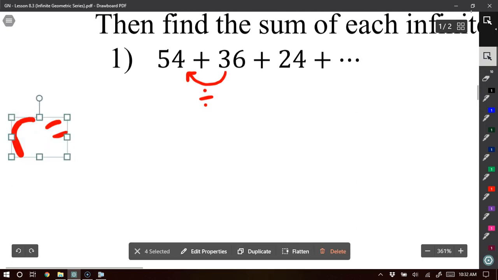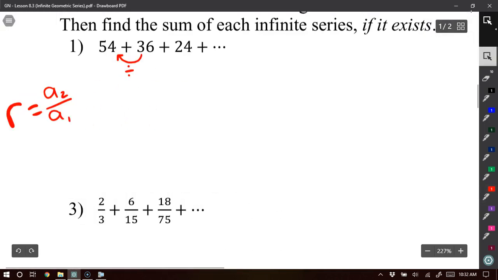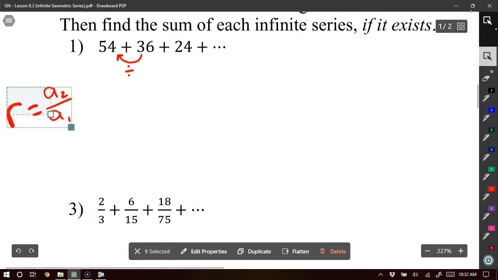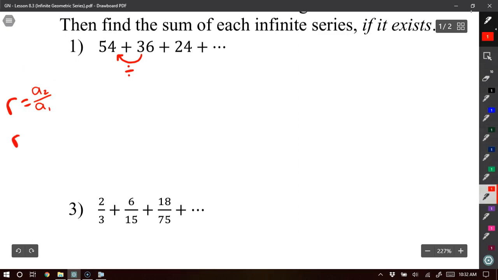Because when you're going from left to right, you're multiplying. So right to left, you're dividing. So I can take A2 and divide by A1 for it. And so when I do that, I'm going to have 36, and I'm going to divide by 54.